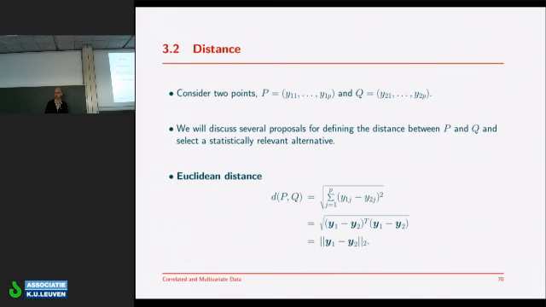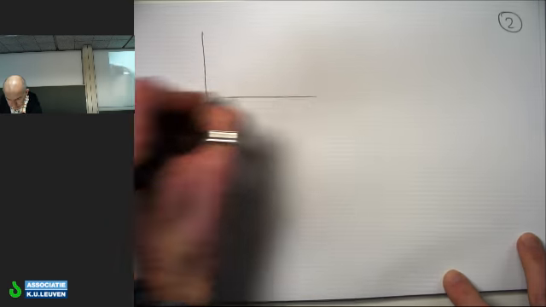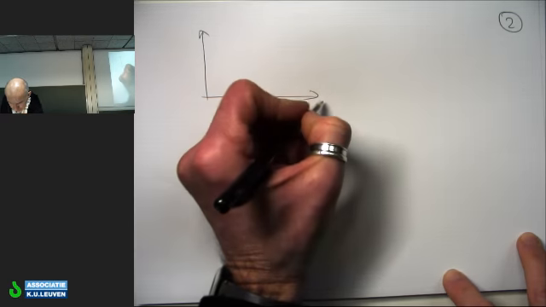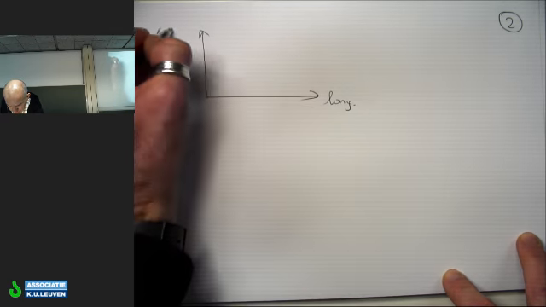Okay, distance. Distance is a key concept in multivariate analysis, and we of course know very well Euclidean distance. We can take a piece of paper, like I'm doing now. We draw an axis system with, let's say, longitude and latitude.